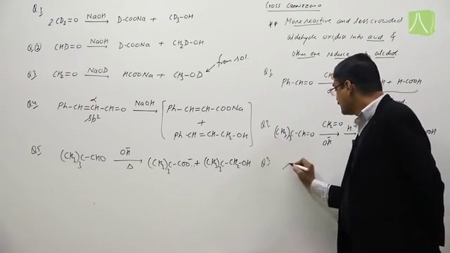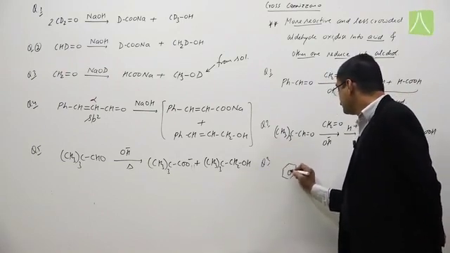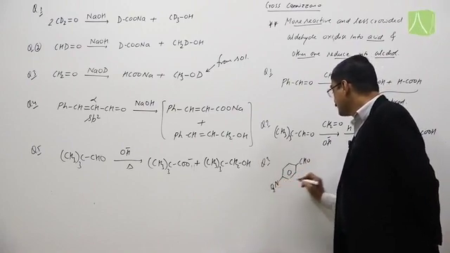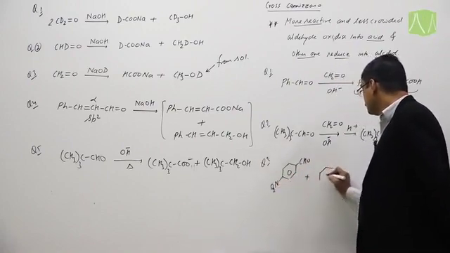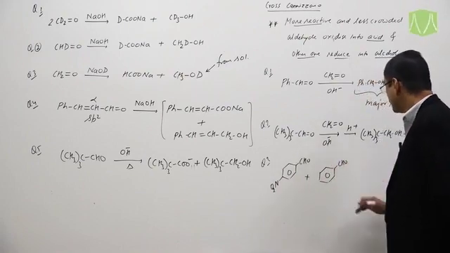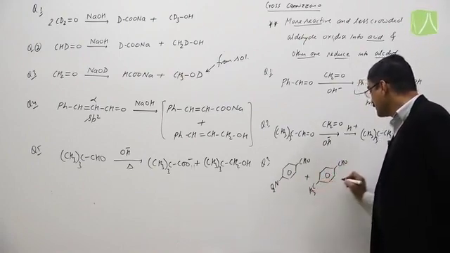In the third example, suppose I take CHO with NO2 and this CHO without NO2, or you can write CH3.